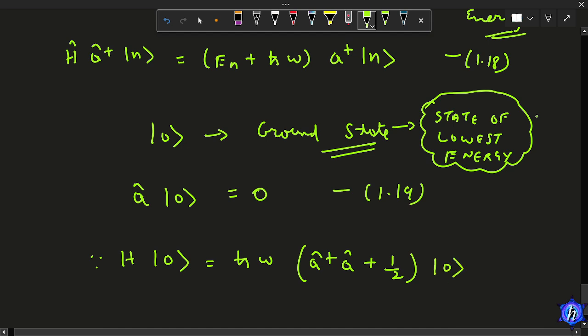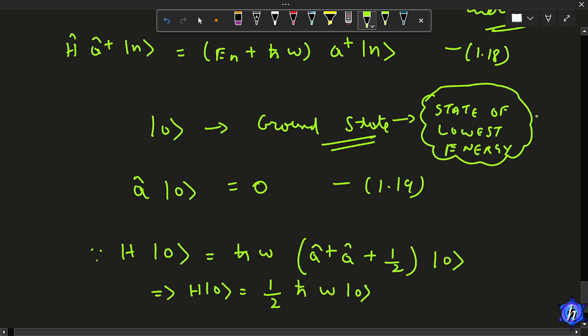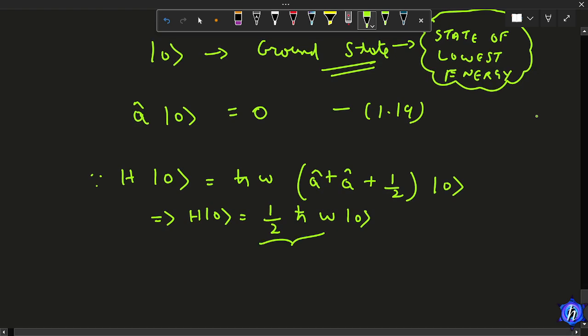Acting on the zero eigenstate will give us half h cross omega. So this is the eigenvalue of the ground state.